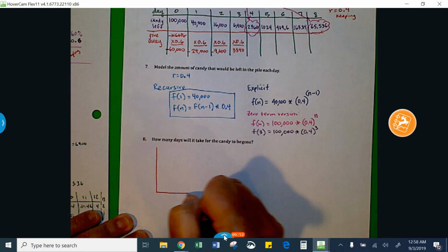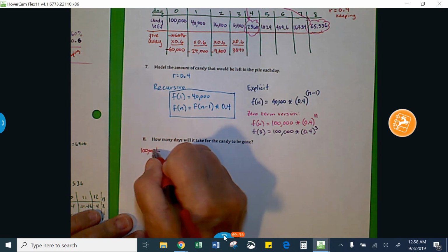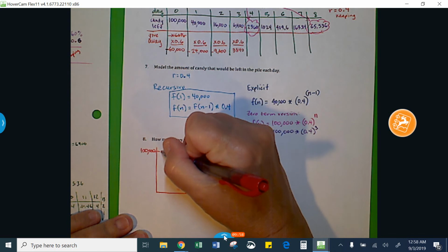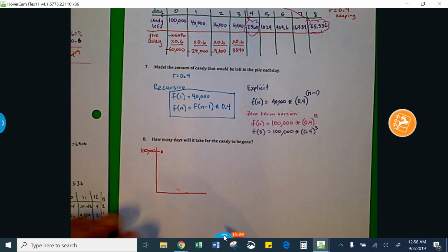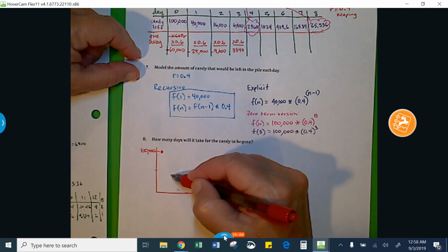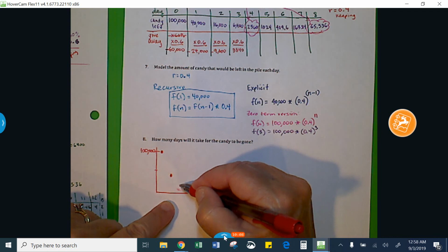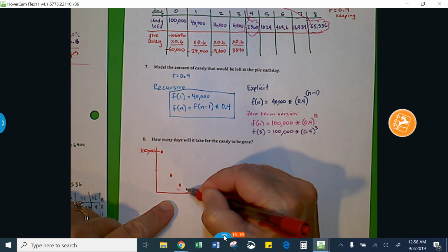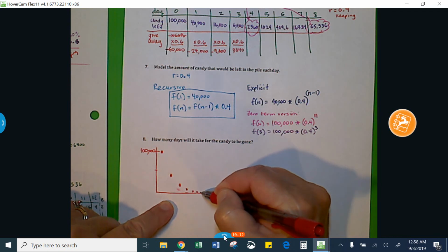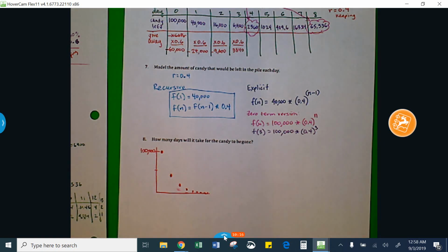But we could think of it like this. You start up here at the beginning with that much candy, and then 40% of that would put you way down here. And then 40% of that would be way down here. 40% of that, 40% of that. So the graph would actually look something like that if you tried to graph it.